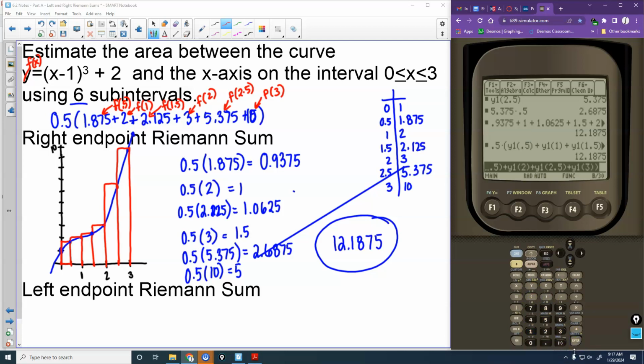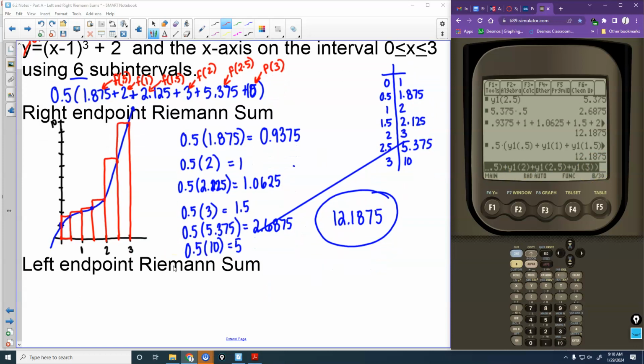And that would give me the answer right off. Since I'm letting you use your calculator, rather than having to do all of these calculations by hand at once, if we just typed in our equation and typed in this right here, it would give us the answer right off. Let's try that doing a left endpoint sum for this one, okay?